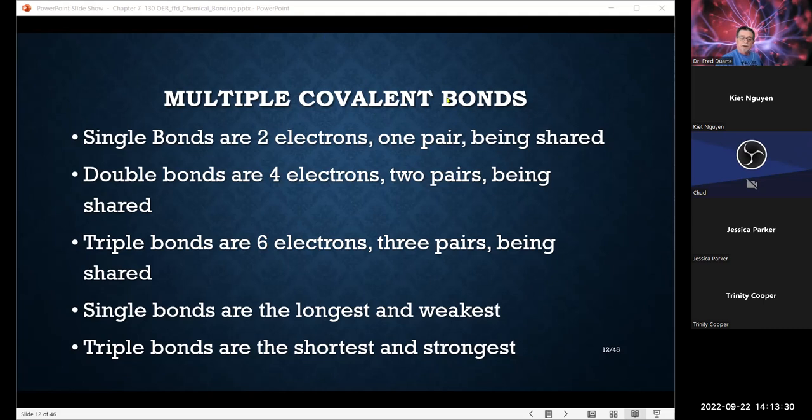All right. Now, with respect to strength, the single bonds are the longest and the weakest. A good example is butane. I'm sure everybody has seen or used a butane lighter, with a little flick of your Bic. You can ignite it, it's flammable, it's a hydrocarbon, it will burn.